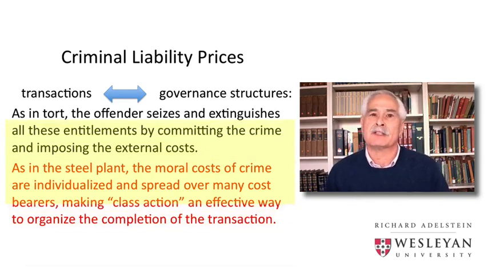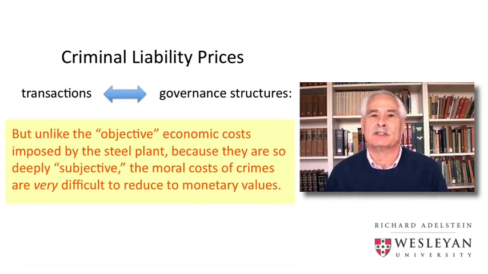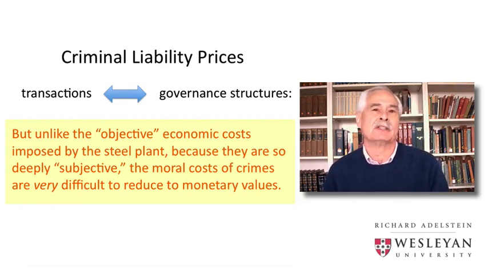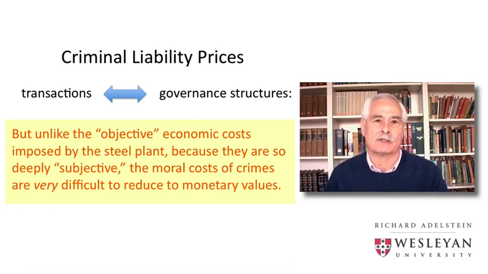But there are differences between the steel plant situation and the criminal liability situation. One difference is that in the steel plant example, as we've seen, the costs are all economic, and thus they have, as it were, more or less accurate representations in the market prices of the particular goods or the particular things that have suffered damages at the hands of the cost imposer.